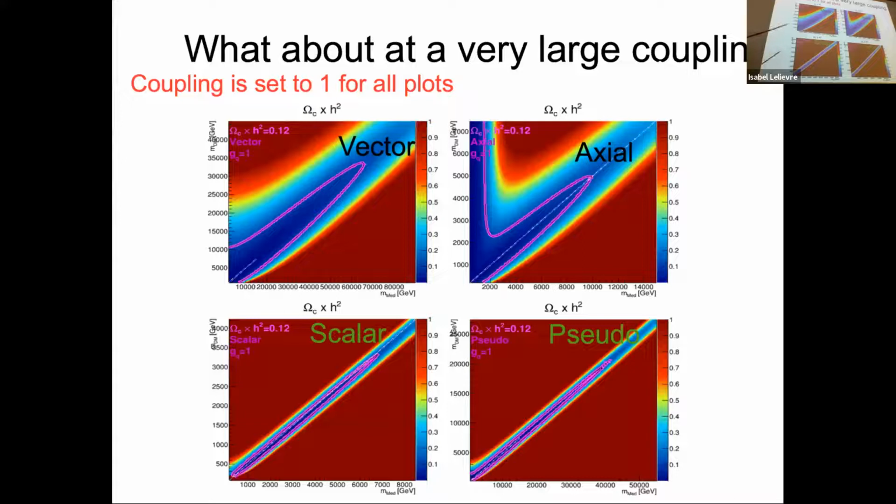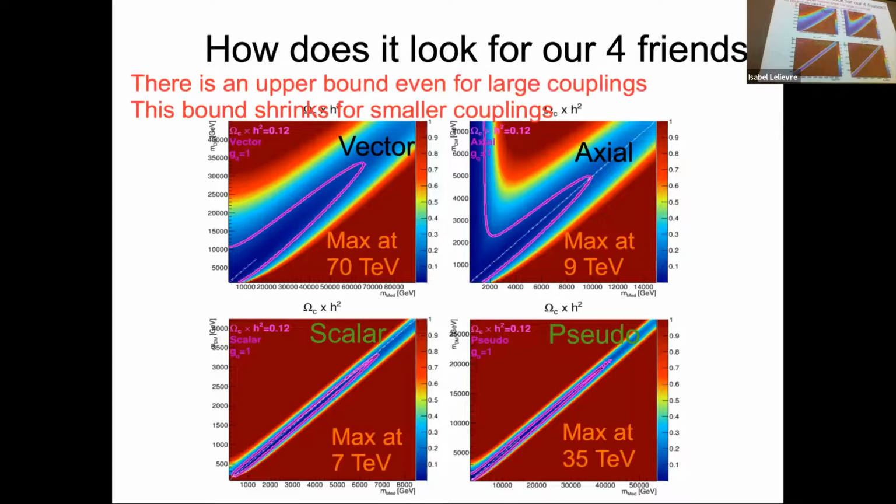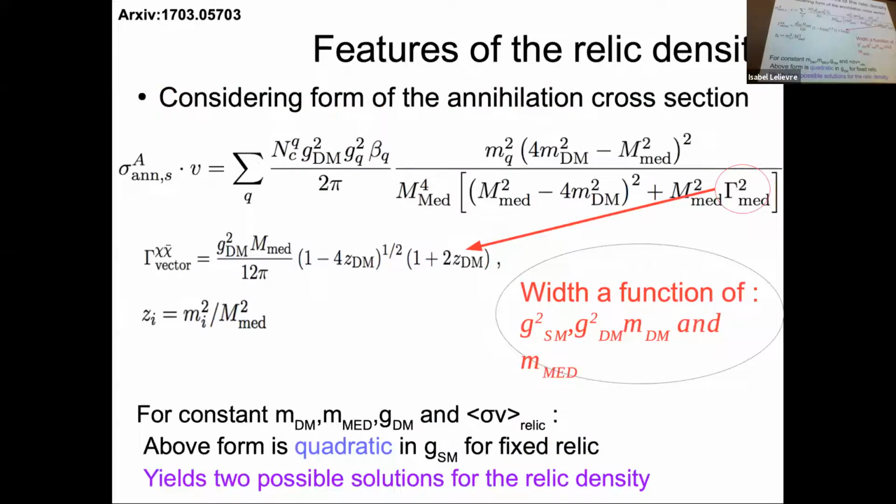So the nice thing is that you actually have upper bounds. If you're trying to build a new collider, like a 100 TeV machine, and you can get up to this region, you can basically exclude all simple models of dark matter definitively. So there's an upper bound.